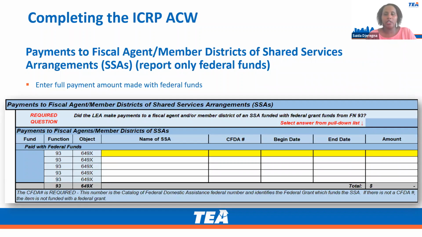Payments to fiscal agent and/or member district of shared service arrangements, or SSAs, where districts are only required to report federal funds. Answer yes or no to the question: did the LEA make payments to a fiscal agent and/or member district of an SSA funded with federal grant funds from Function 93? Please note that the question is asking about payments made from federal grant funds.